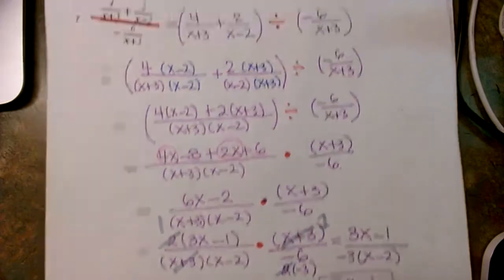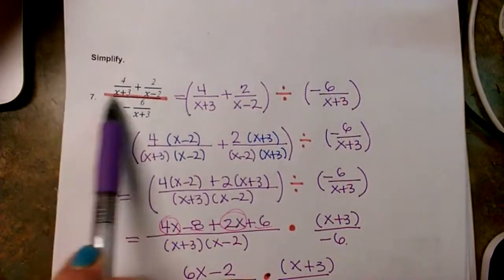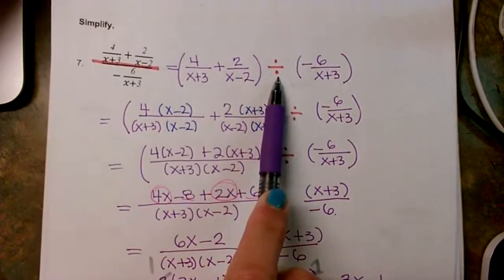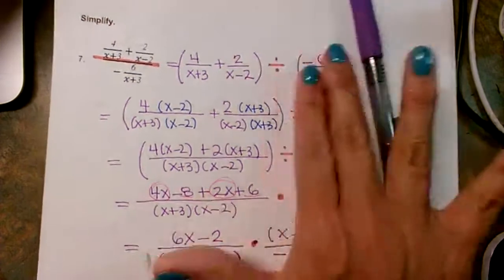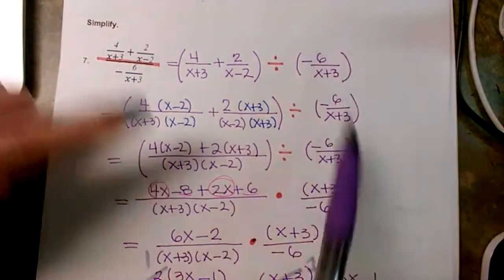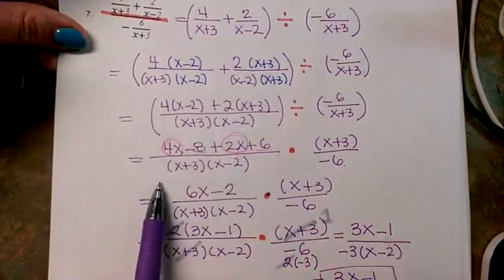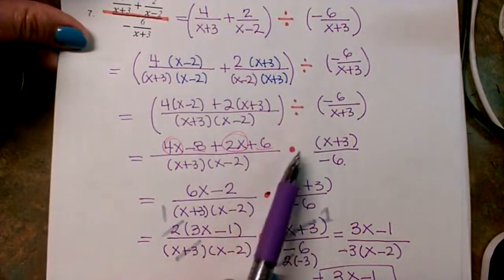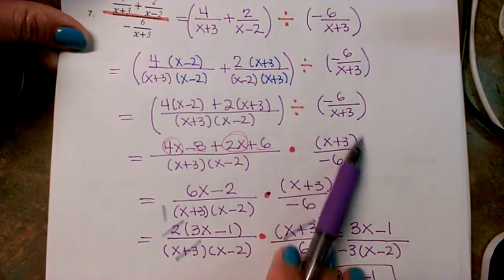So again, we had the long division. You see the long line here. All I did was replace it with this regular sign of division. And I start working on this side the whole time. That was the first part that I did. Matching the denominators. Once I did that, division becomes multiplication by multiplying by the reciprocal.